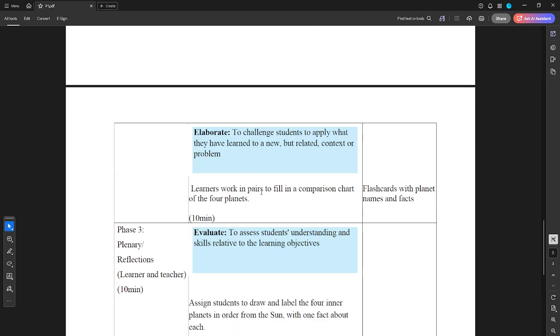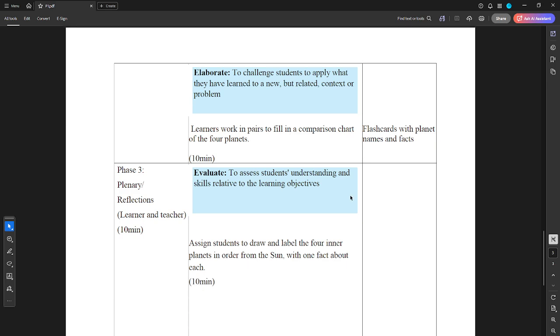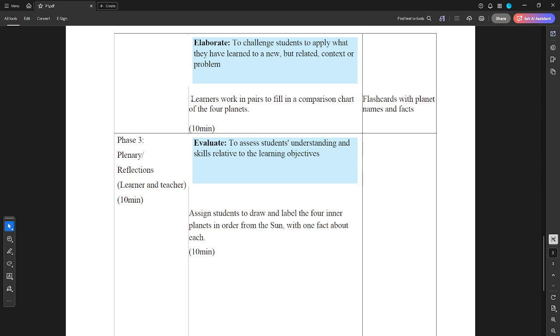Then learners work in pairs to fill in comparison charts. So here, fill in a comparison chart of the four planets. It does not actually give any detail how they are going to fill in the comparison chart, right?